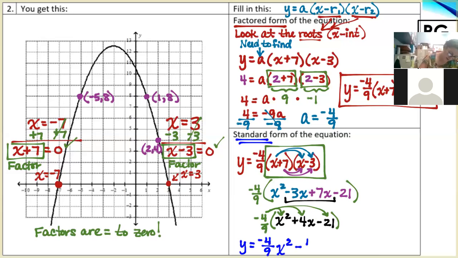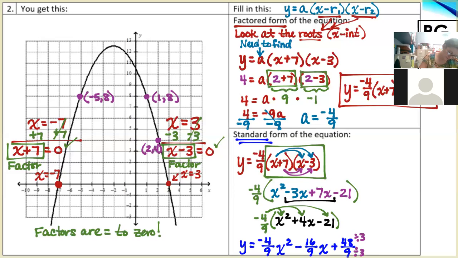This would be -16/9 x. We multiply the numerators, but not the denominators. And then over here, this would give me plus, because it's negative times a negative, 48/9. I can technically reduce both of those by 3.